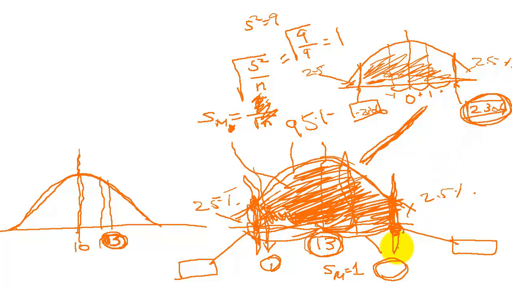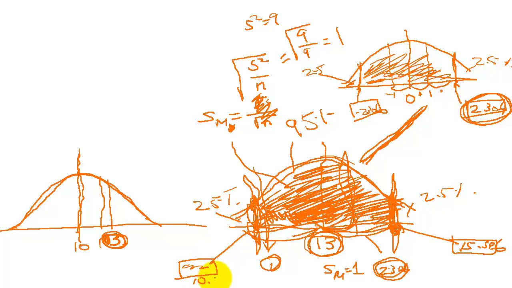So it's going to be the same actually. So 2.306. It's going to be 13 plus 2.306, which is 15.306 here. And the lower one is 10.694, something like that, right?